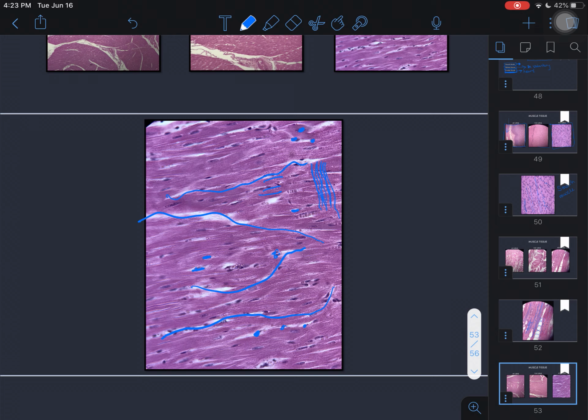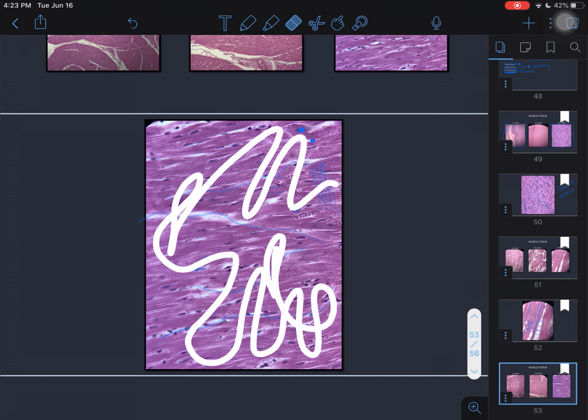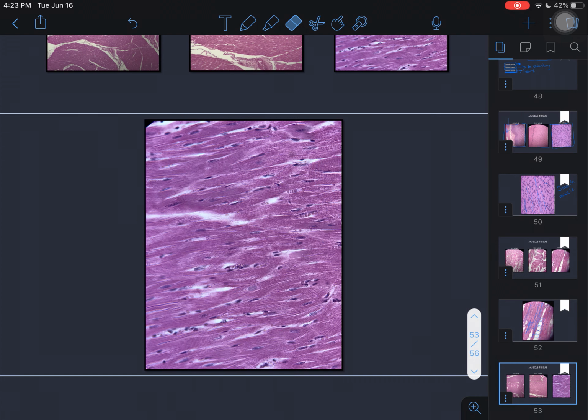Another thing that's going to set it apart from the skeletal tissue is, and I'm looking for them, these guys are sometimes harder to spot on these slides. Let me see if I can find you a good one. Perfect. I'm actually going to go around it. See this guy right here? So he's right here in the middle.